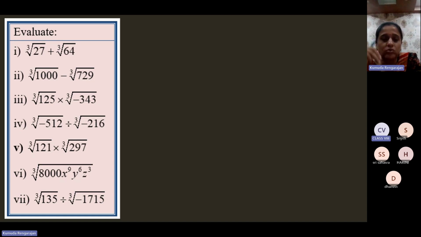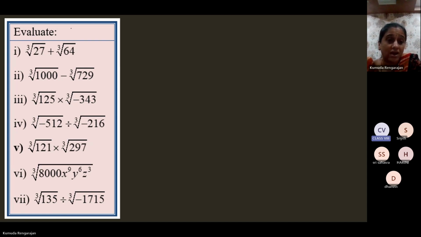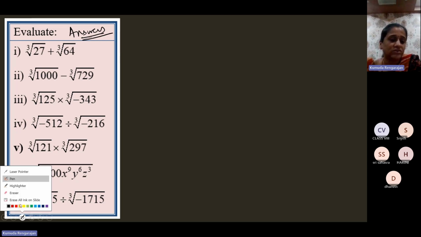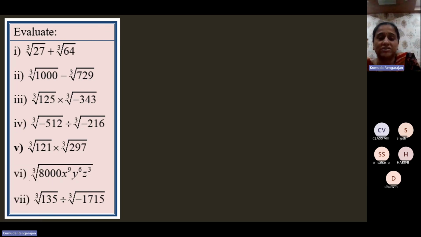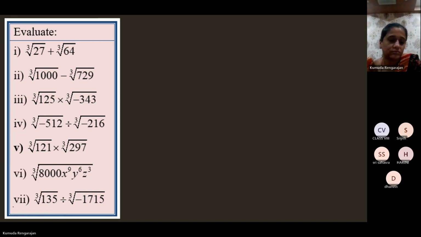If you're using a long notebook, then 6 sides, because I'll be sharing the answers also to these questions. Okay, ma'am. 6 pages. So you need 6 sides in a long notebook.